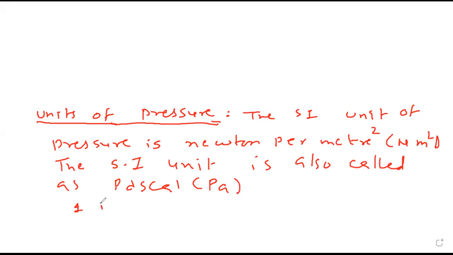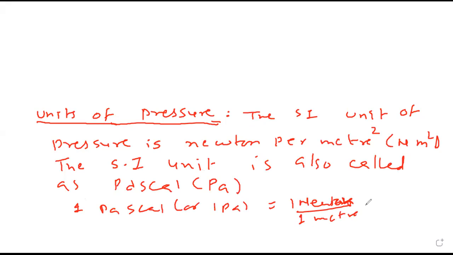So 1 Pascal, that means 1 Pa, is nothing but 1 Newton upon 1 meter square. So 1 Pa is 1 Newton meter raised to minus 2.